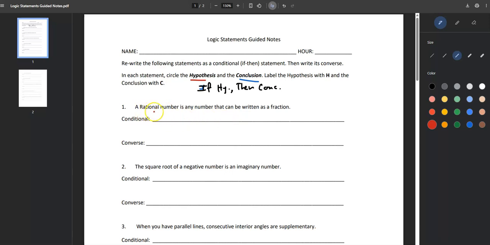I've got a number, a rational number. So this would be my hypothesis. And then my conclusion is that it can be written as a fraction. So I just need to be able to write this in a good sentence at this point in time.